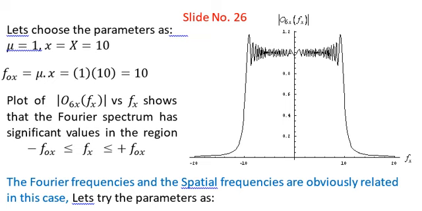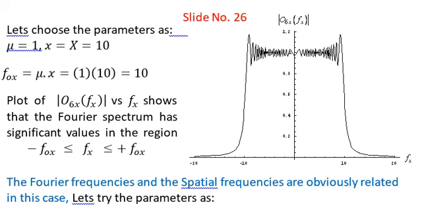And you see that the figure shows that the Fourier spectrum has significant values in a certain region. Notice on the horizontal axis that the significant values lie from minus 10 to plus 10, and beyond that the function immediately decays and goes to 0.